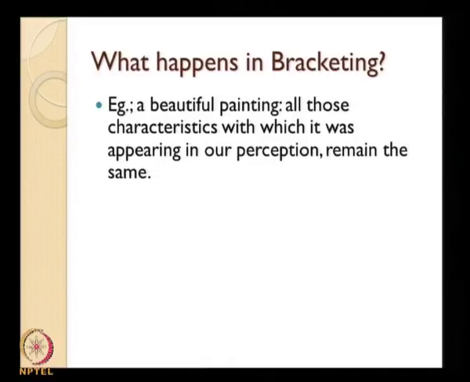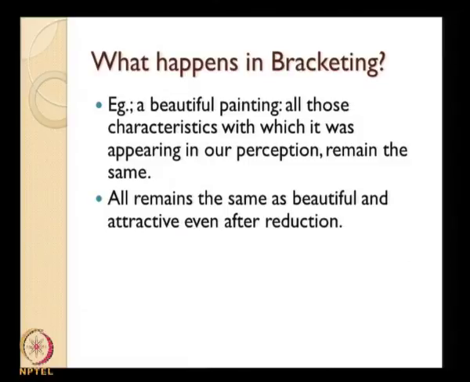Now, all those characteristics with which it was appearing in our perception remain the same. Just because I am bracketing many aspects about the painting does not mean that the painting will lose all its characteristic features. I am not bracketing that it is no longer beautiful for me, it is no longer a canvas for me, it no longer depicts a particular scene or its original characteristic features.